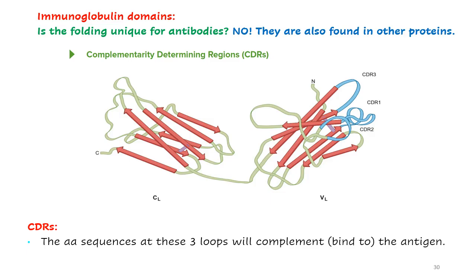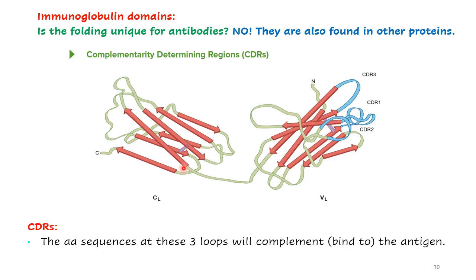All right, so here is what is meant by immunoglobulin domains. When you say domain, that's how the protein is folding. The shape of the protein fold is called the domain. This structure with a lot of beta sheets and turns on the other side is called an immunoglobulin domain. So this is your light chain.